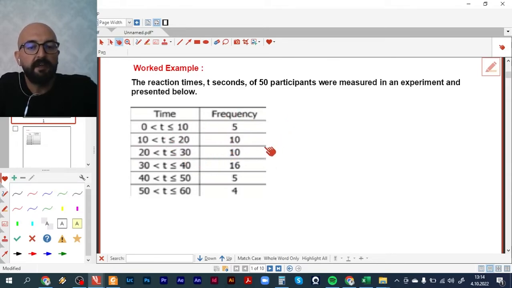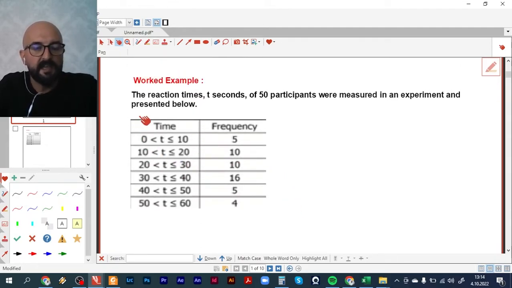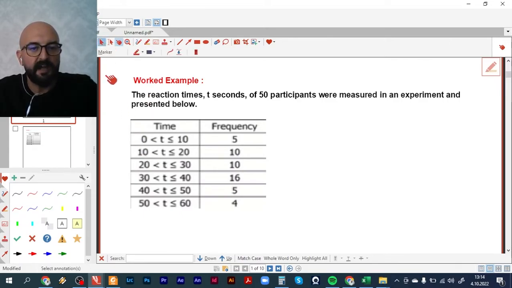So we have a frequency table, and they want us to draw the cumulative frequency graph.